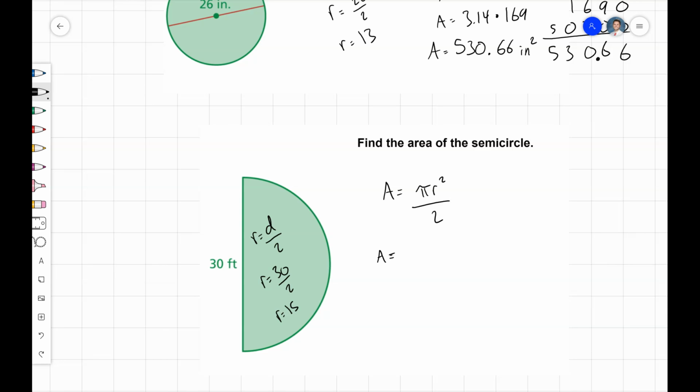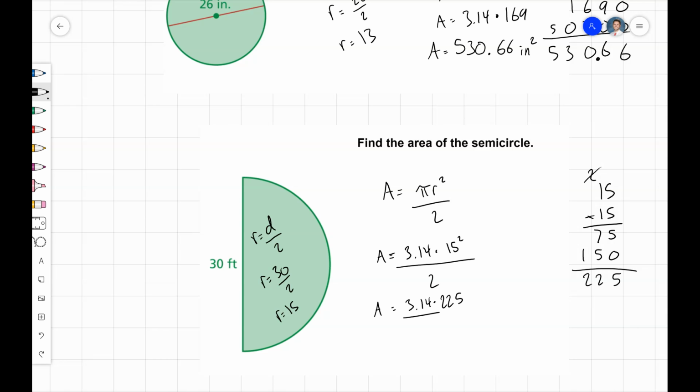So A will be equal to 3.14 times 15 squared, all divided by 2. So 15 times 15, we get 225. So A will be equal to 3.14 times 225 divided by 2.